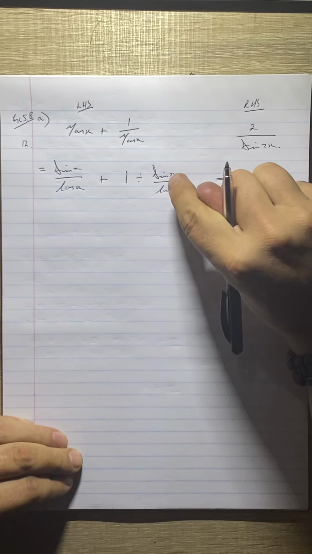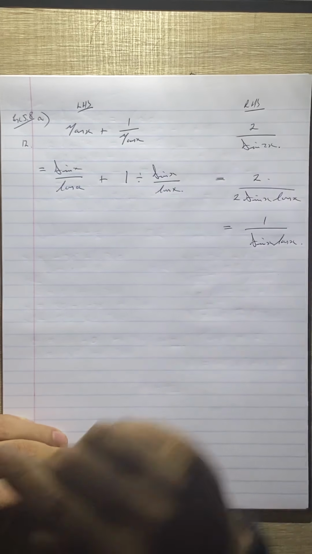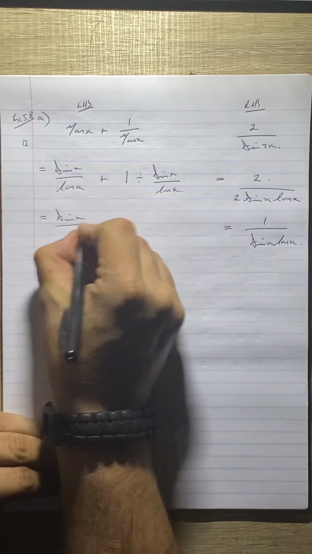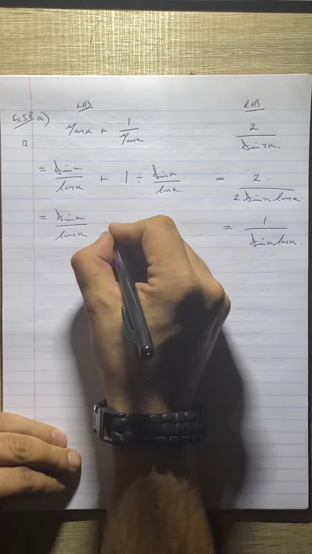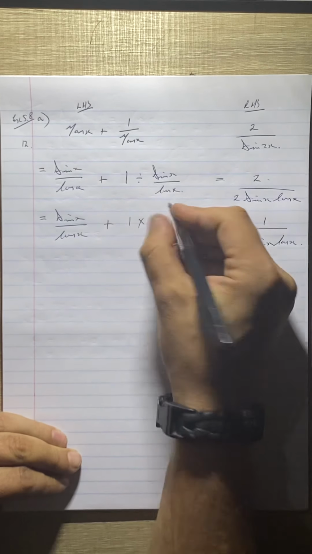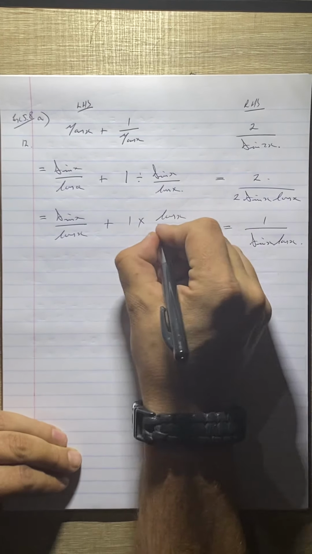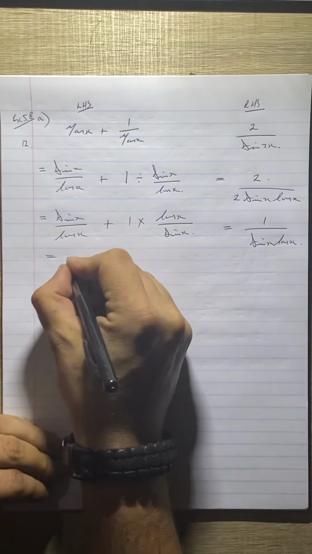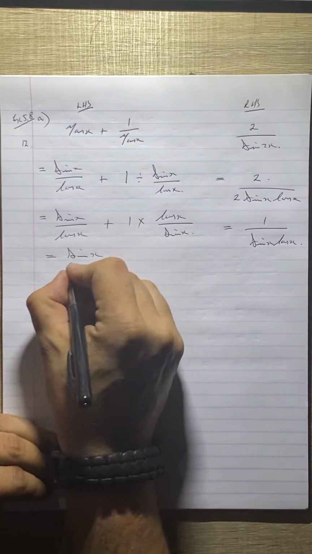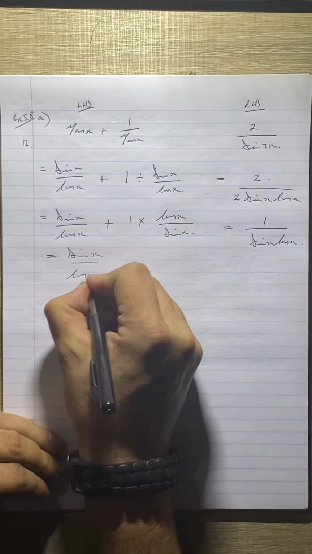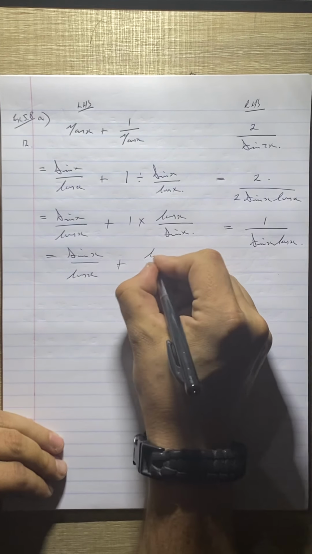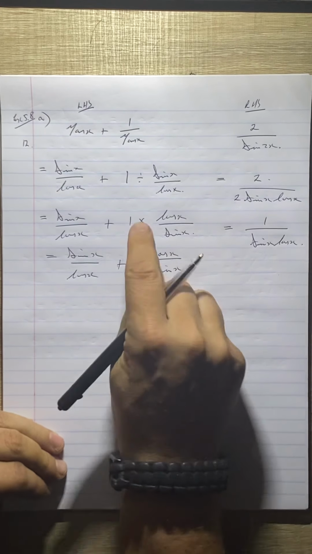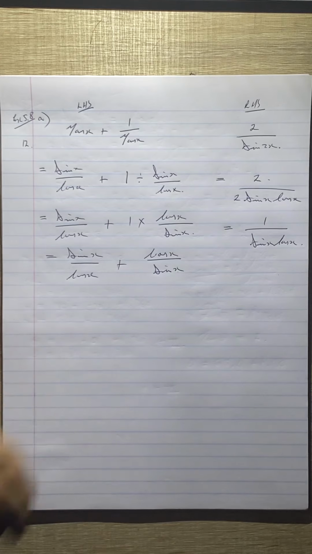Okay, now you guys know if we're dividing by a fraction, we tip and times. So this will become sine x over cos x plus 1 times cos x over sine x. Okay, so we get sine x over cos x plus cos x over sine x, because 1 times that is still going to give us that.